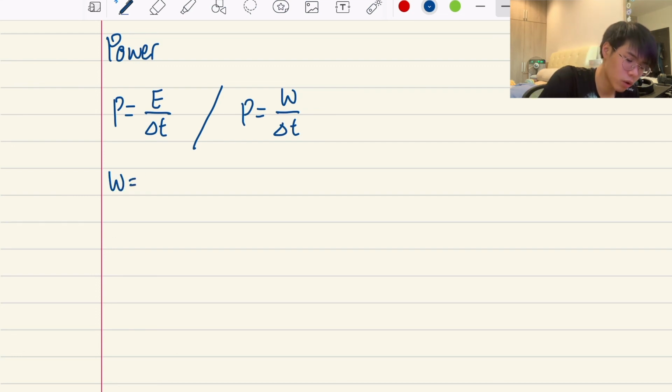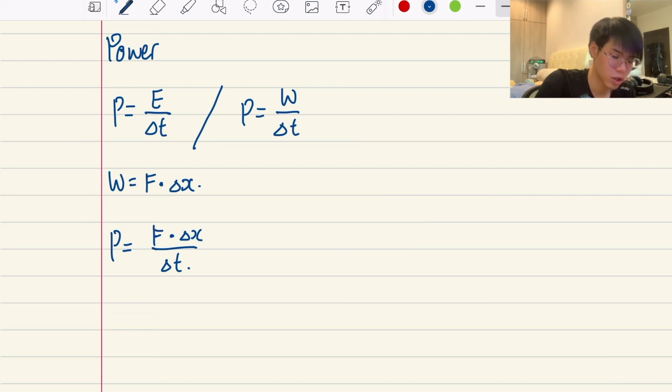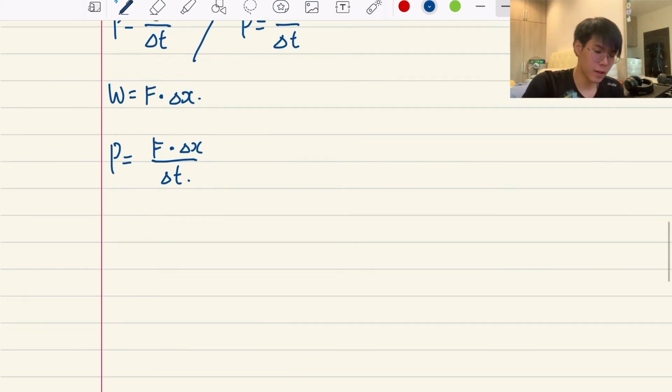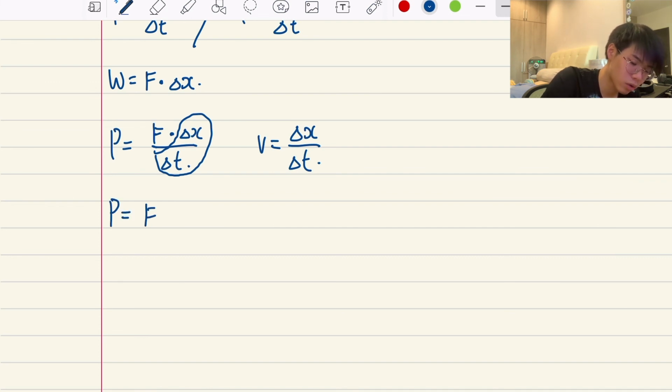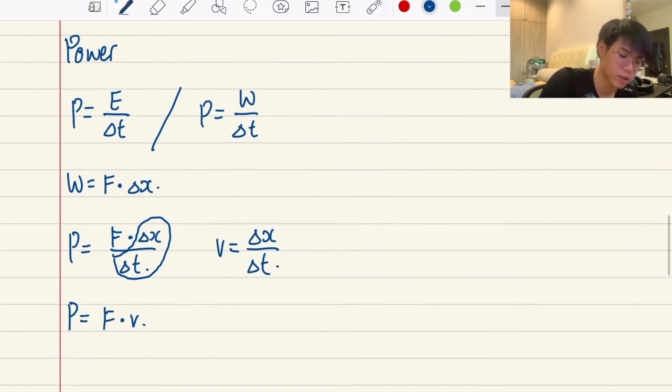Since we know that work done is equal to force times the change in distance or displacement, P will equal force times the change in displacement divided by the change in time. Here we can clearly see that it is equal to velocity, because velocity is the change in displacement divided by the change in time. So P will also be equal to force times velocity.